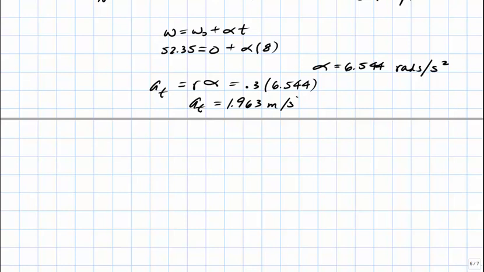And the units, of course, are meters per second squared. And by the way, this a tangential is the same as the acceleration variable within the one-dimensional motion equations. And that completes this lecture.